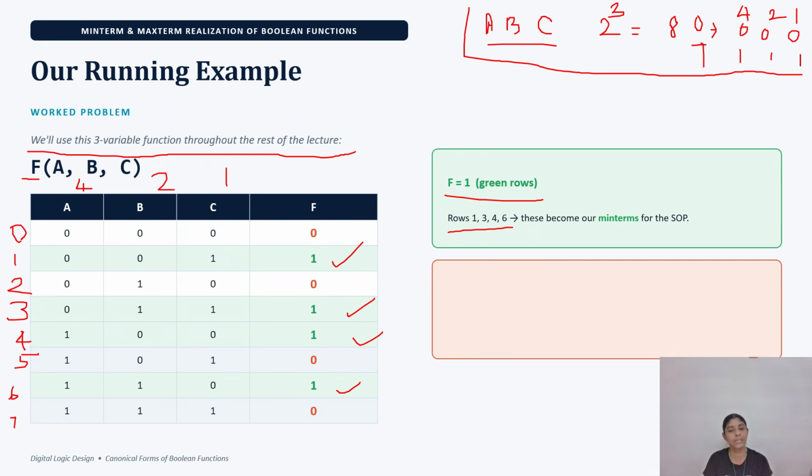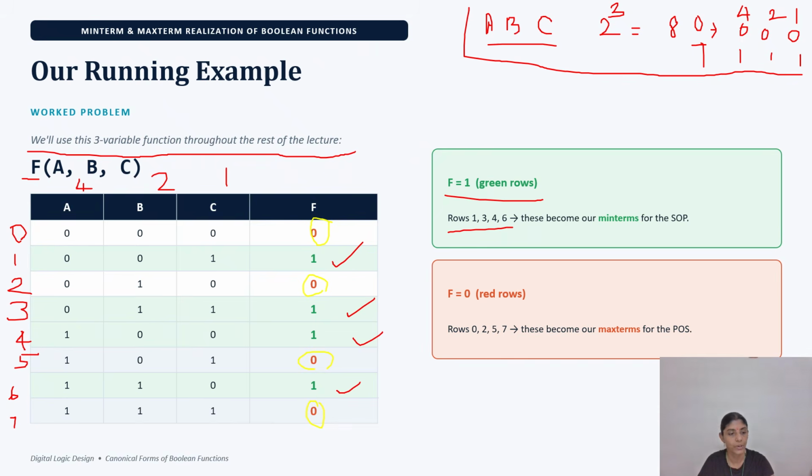Right? Okay. What is the second step? You have to write the minterm. Before that, we will find the maxterms. These ones are the minterms, then the zeros will become the maxterms. So what are the maxterms here? Where are we getting the 0?